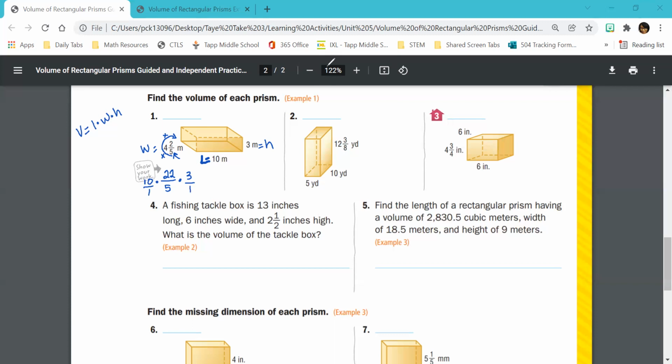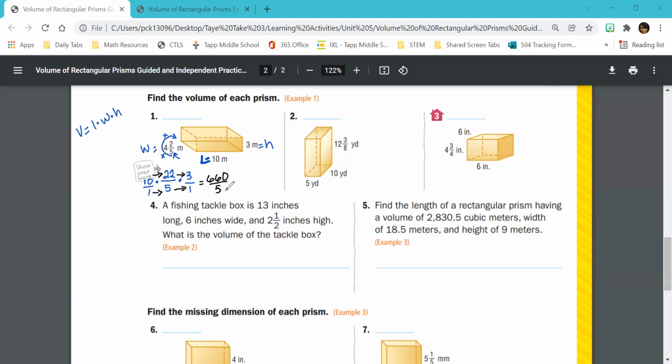So now that we have 3 fractions and we are multiplying, we are just multiplying straight across. When I multiply the numerators, 10 times 22 is 220. Now that 220 times 3 is 660. For the denominator, 1 times 5 is 5. And then that answer 5 times my 1 is still 5.